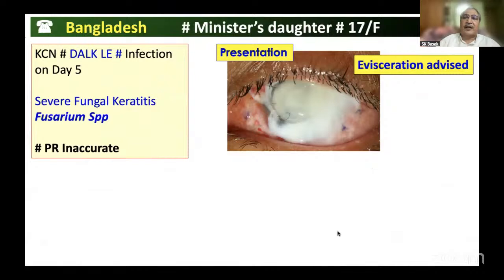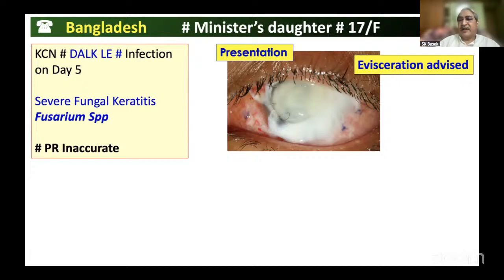This is the presentation. The patient presented almost 14 years back. She was a keratoconus patient, DALK was done, and this was the fifth picture after DALK.